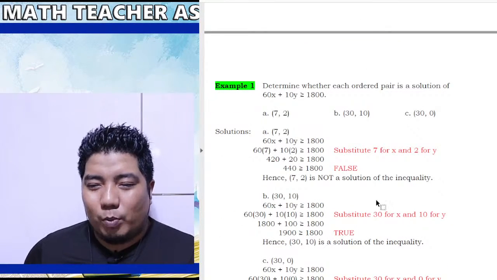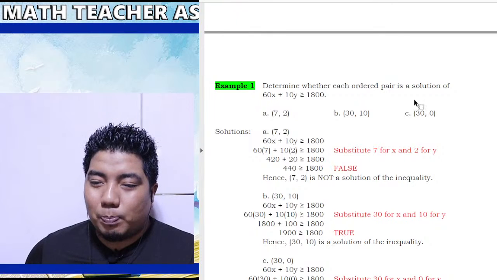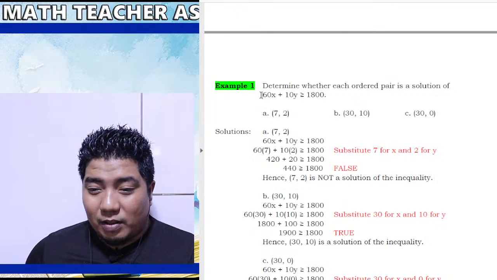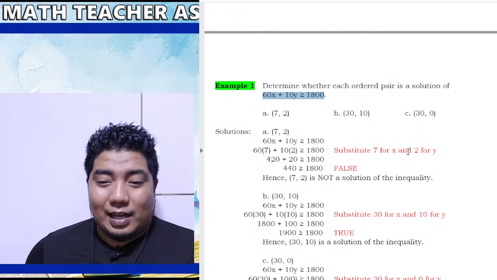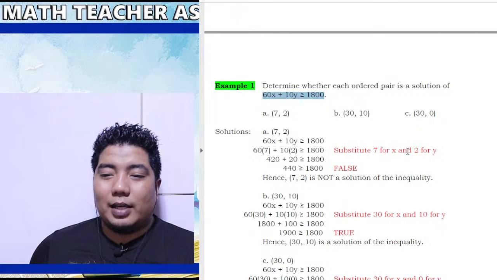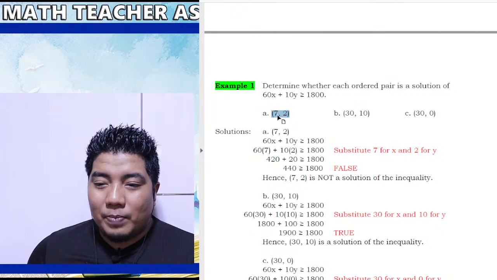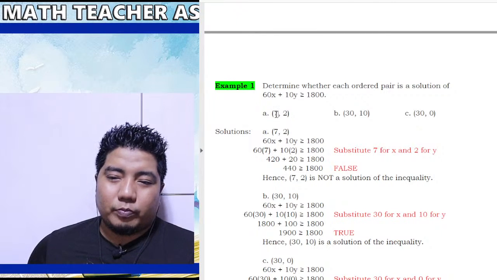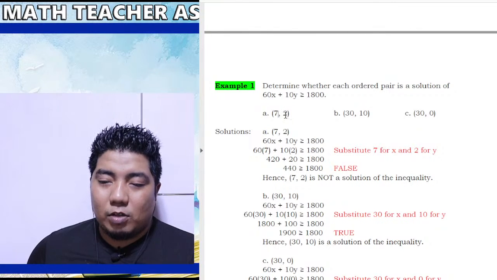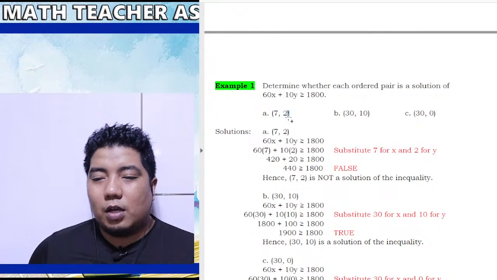Okay, example. We have here: determine whether each pair is a solution of the inequality from earlier, 60x plus 10y is greater than or equal to 1,800. So we have here 7, 2, meaning 7 kilos of lettuce and 2 kilos of bottle gourd.